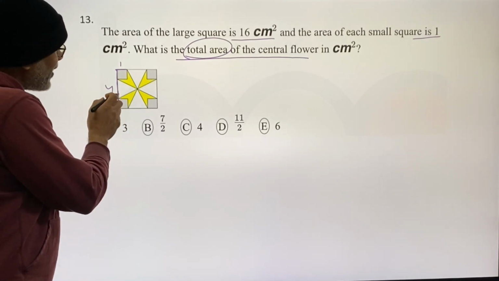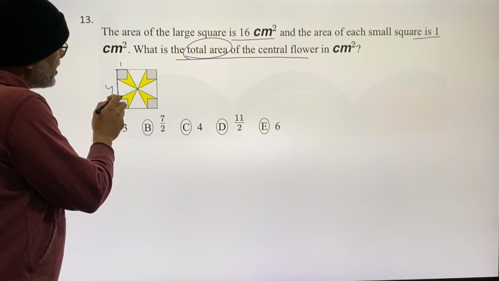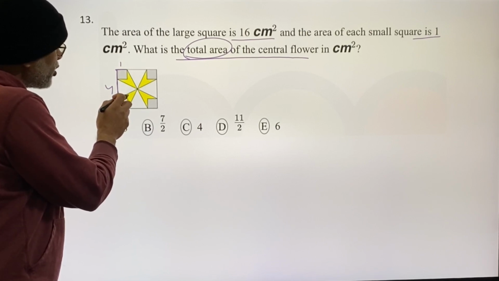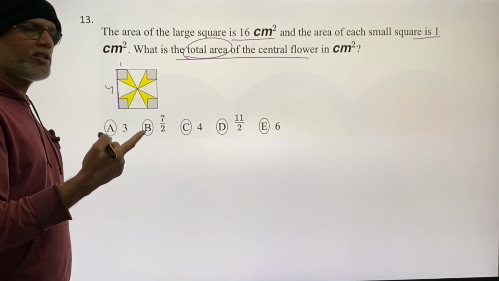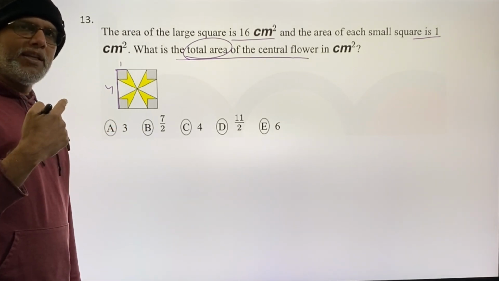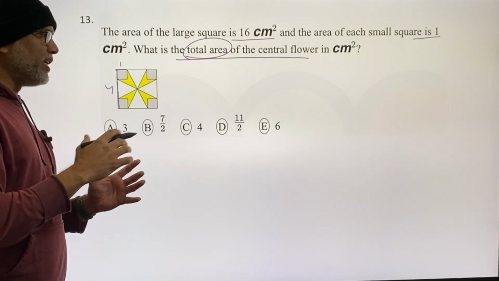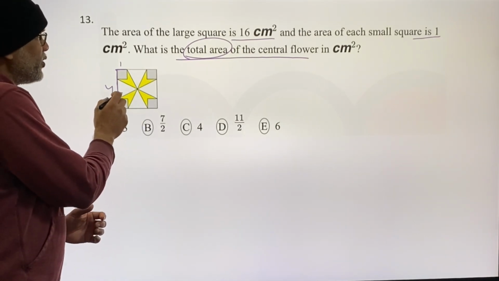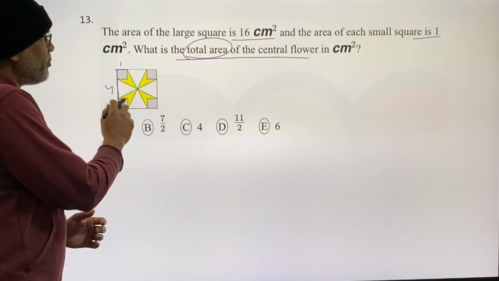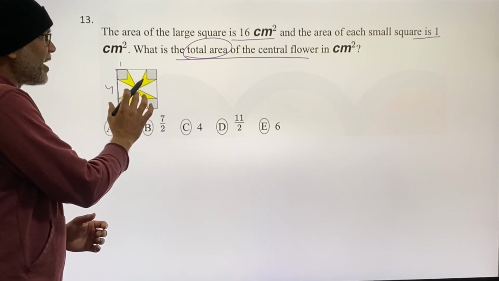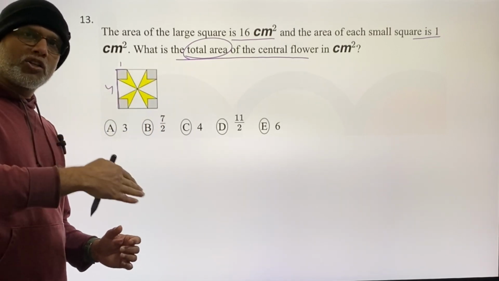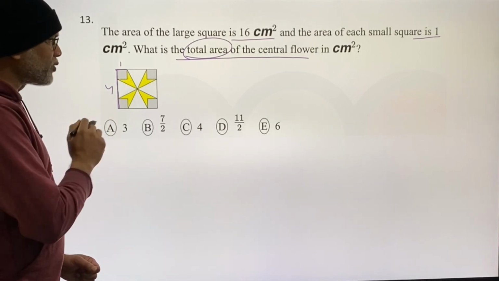Now we can try to divide each yellow shape as 2 triangles, right? But oftentimes for a problem like this, you will see that it's easier to arrive at this shape by finding a larger shape and then subtracting other shapes that we know, right? So let's try to do that.